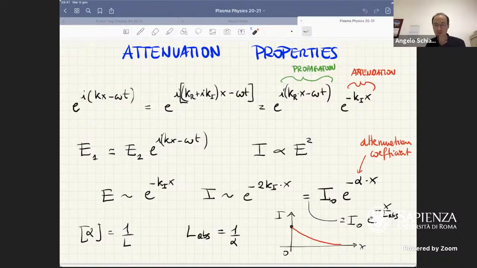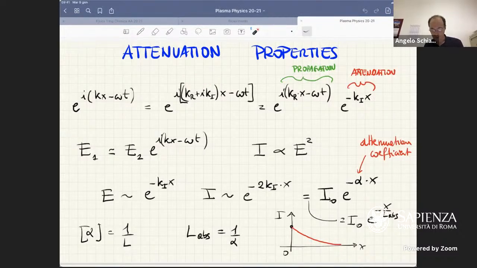So by introducing this term, the relation that links k, actually the square of the wave number, and omega becomes a complex equation, and we divided the k number into two terms, one which is a pure real term and the other one which is the imaginary part.